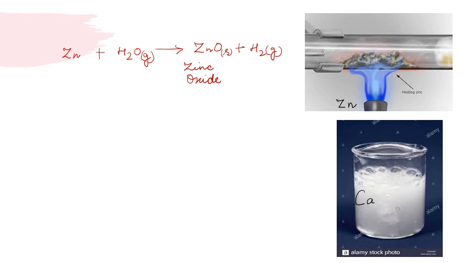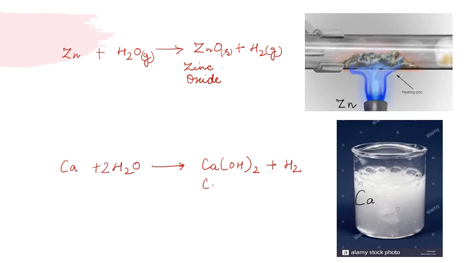Now how calcium reacts with water? Calcium reacts less vigorously with cold water, and let's see its chemical reaction. Calcium plus water will form calcium hydroxide plus hydrogen gas.